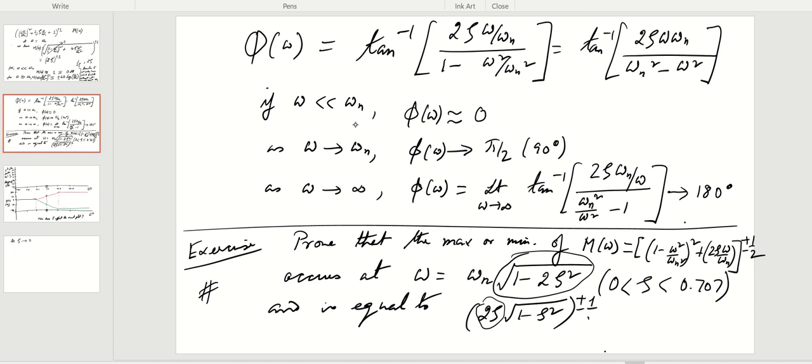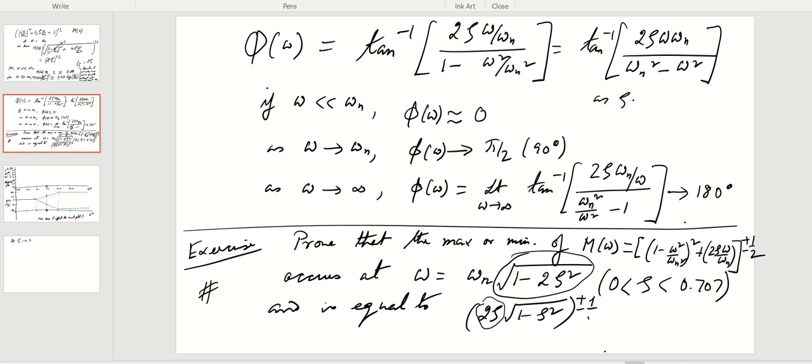So on the lower side it is 0, on the higher side it is 180, irrespective of what zeta is. Okay. And in between it causes a transition at omega is equal to omega n. It approaches on the left side from the lower end. So in other words, this gives the picture of some sort of a step function.